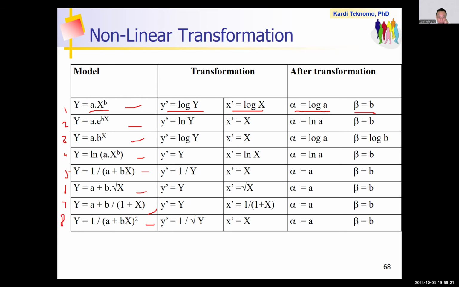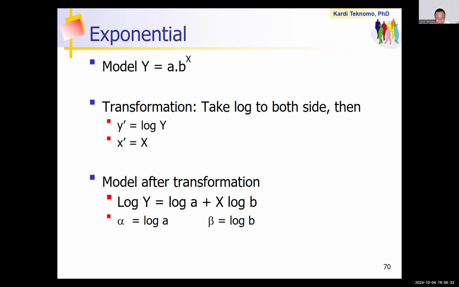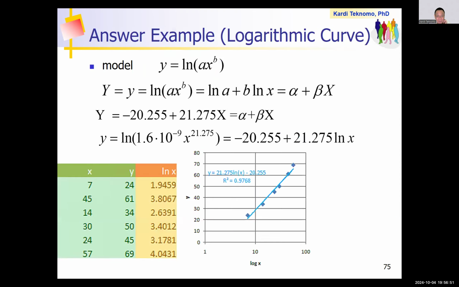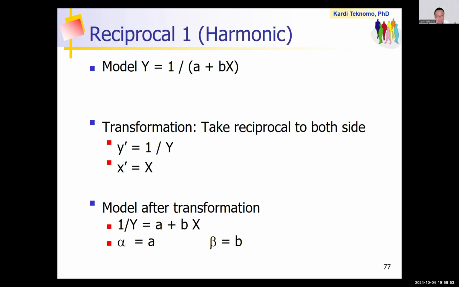So try to understand. I gave you an example a while ago, number 1 already. So this is 2. Using this data, you just type this data, and then you do it. So the result is already here. All you need to do is to check the transformation and to understand this.